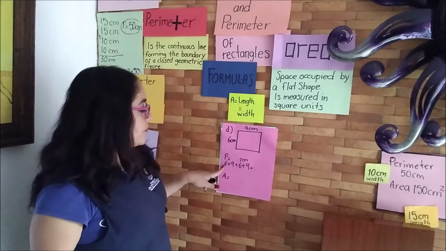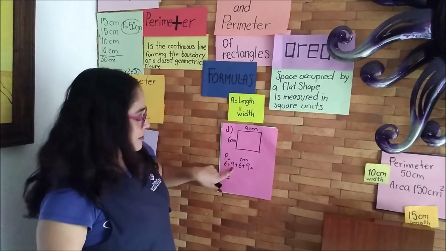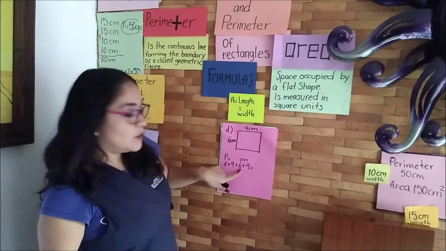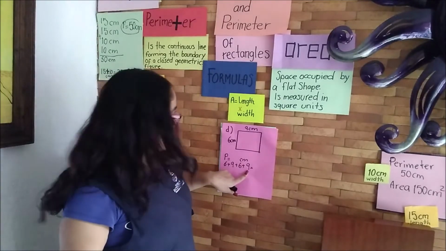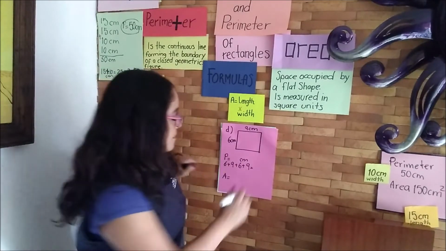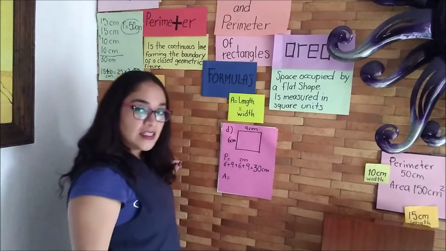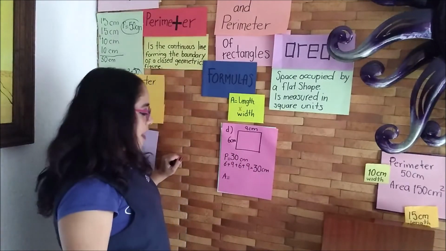So we have 6 plus 9, 15, plus 6, 21, plus 9, 30 centimeters. So my answer is 30, okay?